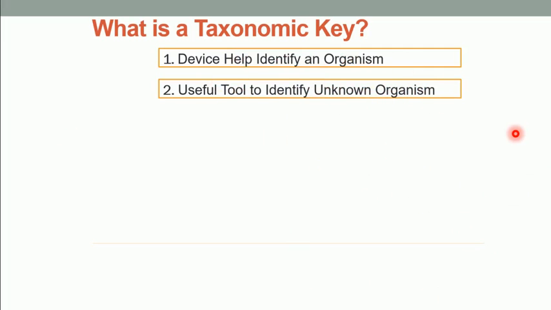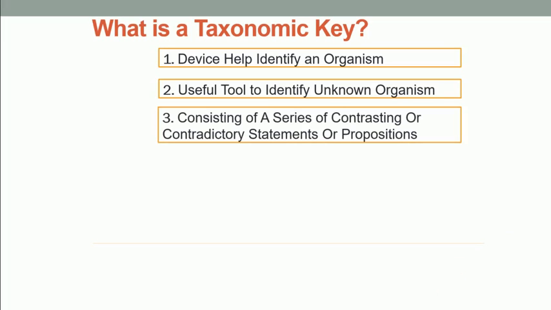These keys are basically constructed so that whoever is using the key is presented with a series of choices about the characteristics of that unknown organism, and he will select the correct choice among these choices, and he will go step by step until that organism is identified.